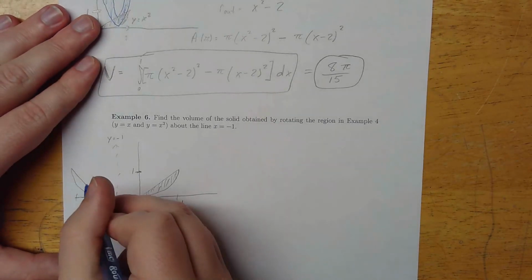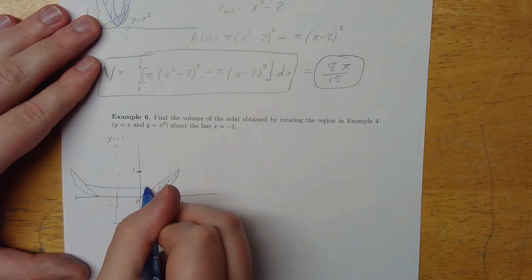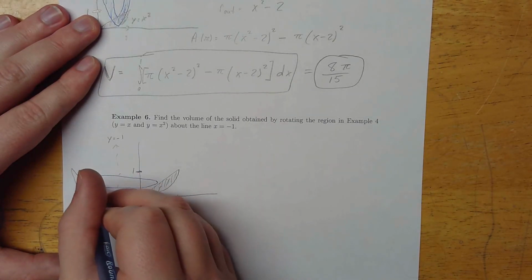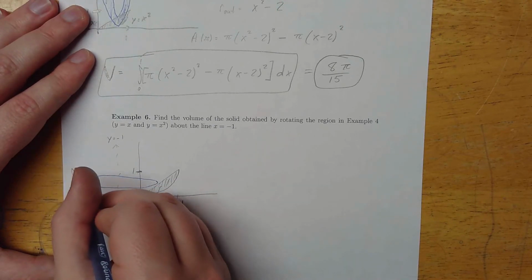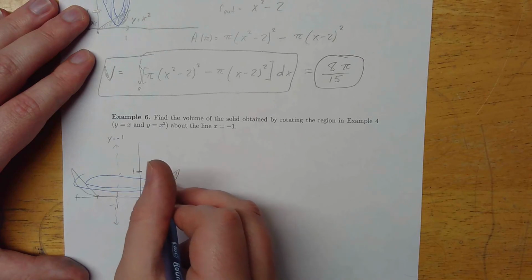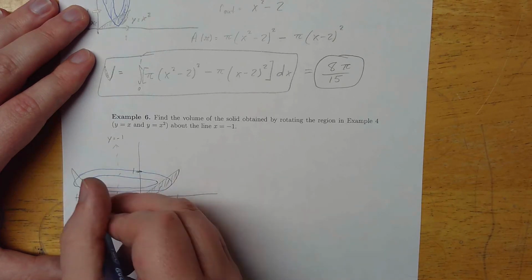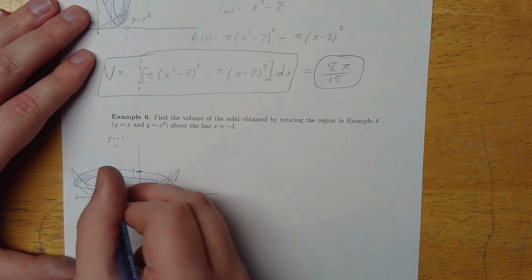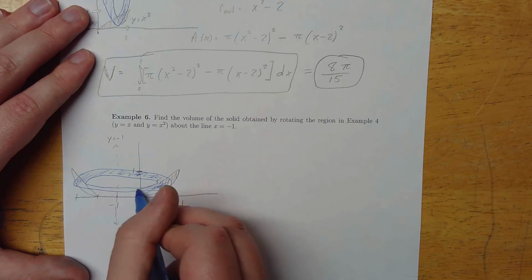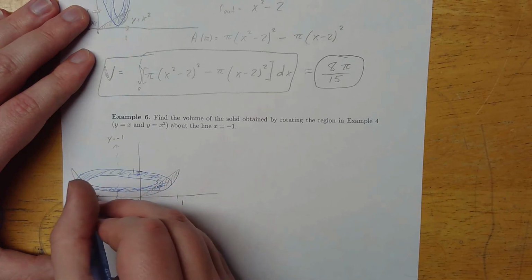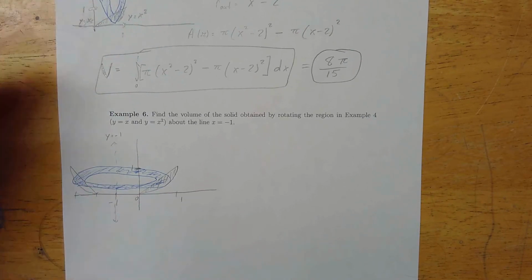So we'll have some sort of inner circle and some sort of outer circle, and we are hoping to find these areas.